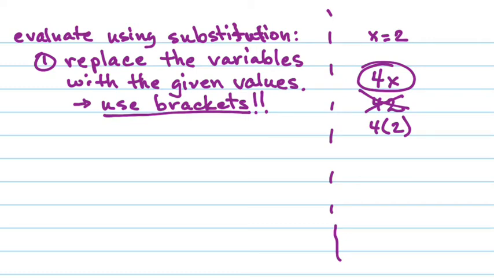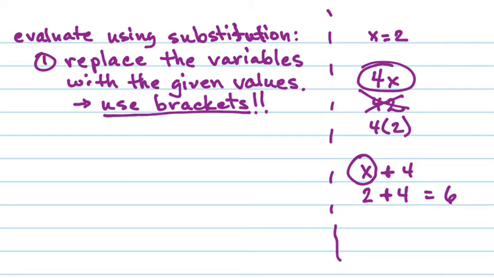Now, there are times when it wouldn't make a difference and you wouldn't need a bracket. Let's say x is 2. In this case, since that x is all by itself, with nothing multiplied, no exponent, no sign, nothing else, I could just replace it with the number without using a bracket, and it still means the same operation.